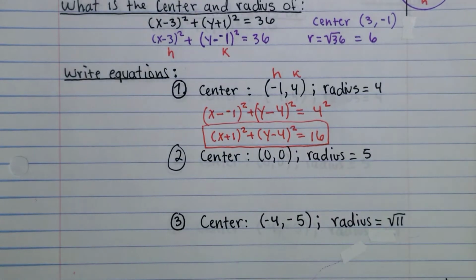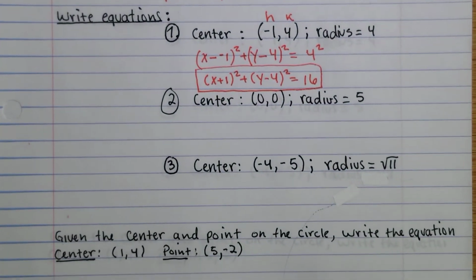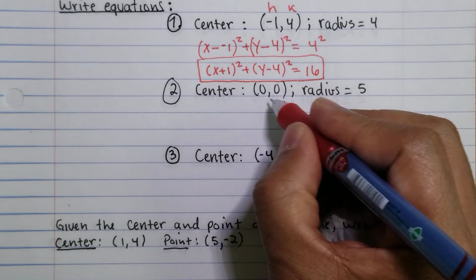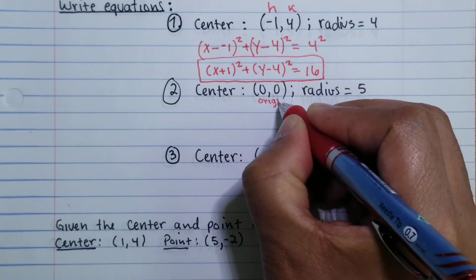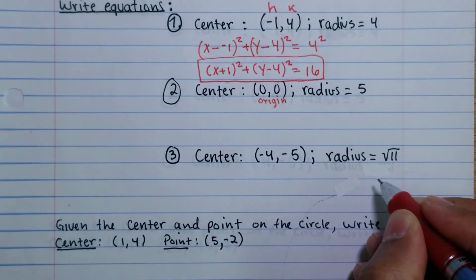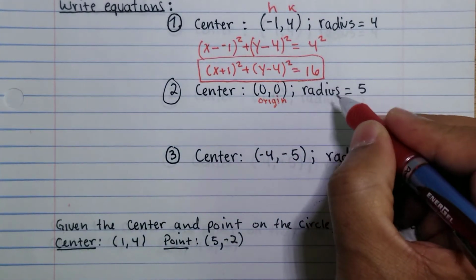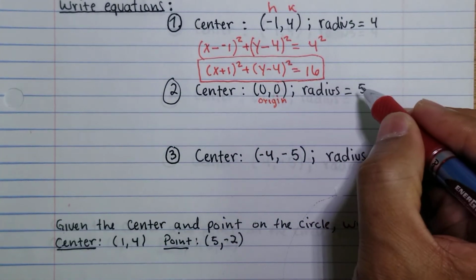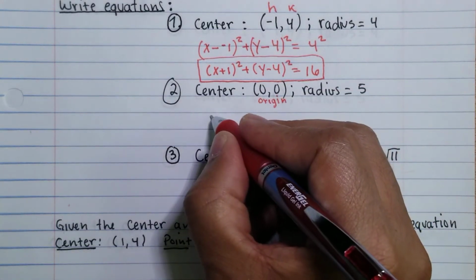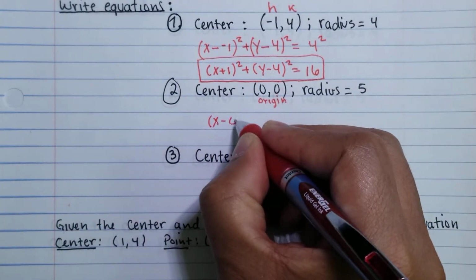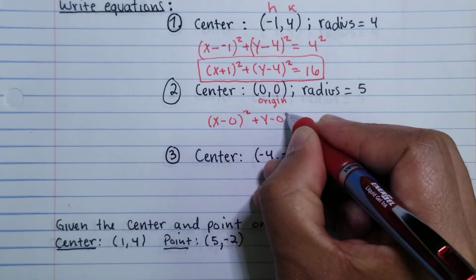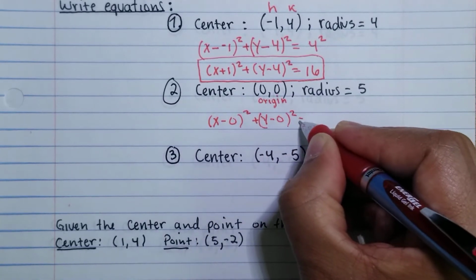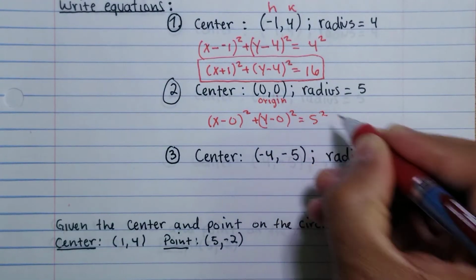Okay, so on to the next example. We have the center 0, 0, which means this is the origin. So the center of the circle is right at the origin, and the radius is 5. This one is going to be simpler to do. The equation is going to be (x minus 0) squared plus (y minus 0) squared equals 5 squared.